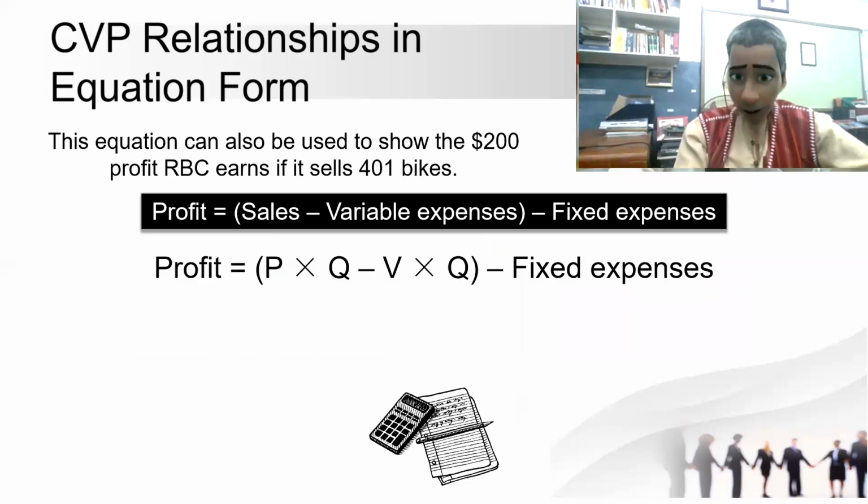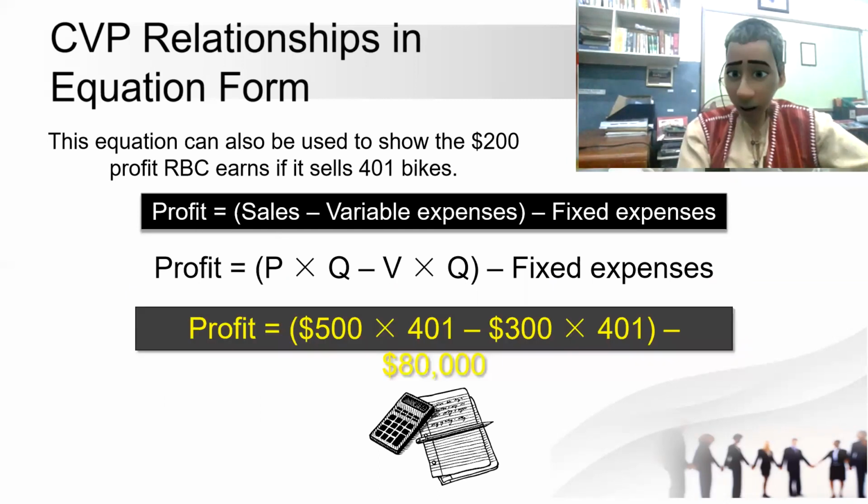This is our summary of that. And because we have the example, let us proceed with it. We are doing this per unit. So 500 times 401 minus 300 times 401 minus 80,000 fixed expenses.